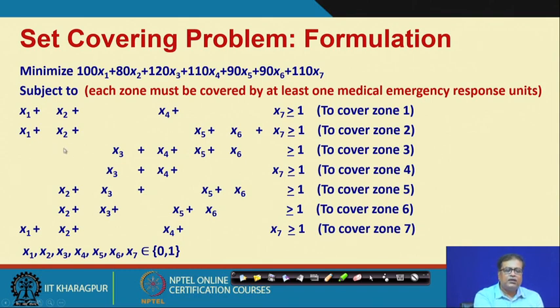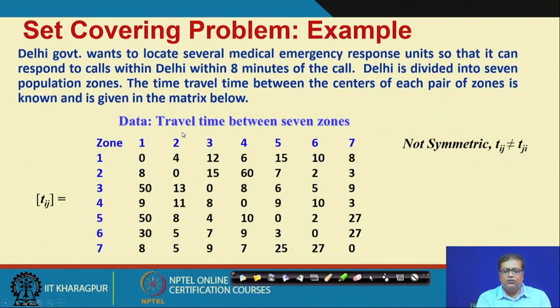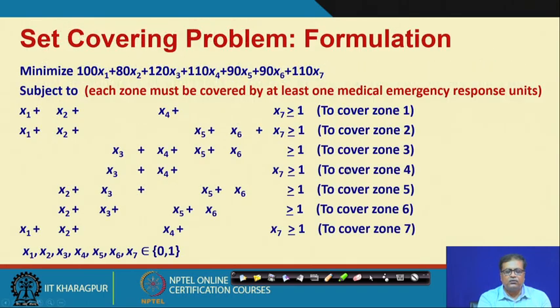And x1 plus x2 plus x5 plus x6 plus x7 should be greater than or equal to 1 to cover zone 2. Is it all right? Similarly, in all of these, now why should it be x1, x2, x4 and x7? Look here, what we found is that the first zone can cover 1, 2, 4 and 7. So, that is why 1, 2, 4 and 7.